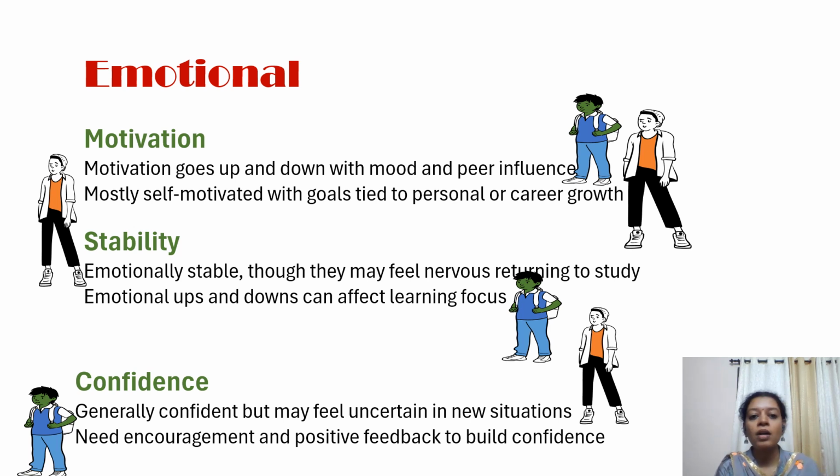Okay, so the adolescent often needs encouragement and positive feedback to build their confidence. Okay, the praise and support help them feel capable and motivated. But in the case of adult, they are usually more confident overall, but they may also feel unsure in new situations or when learning something unfamiliar and all. So that is about the emotional level.